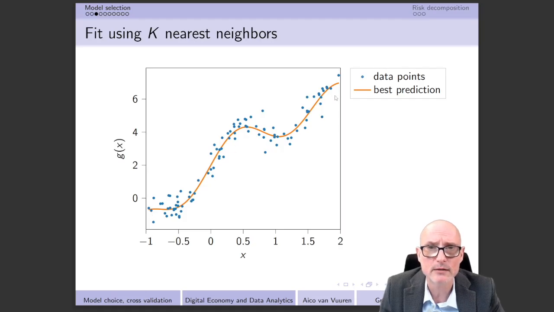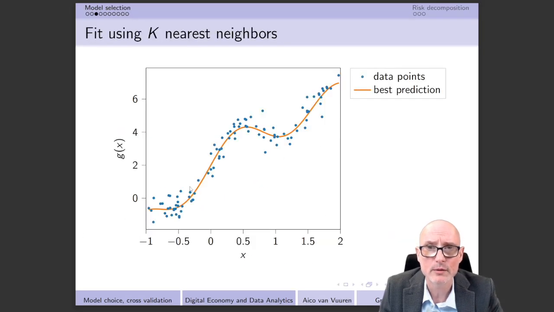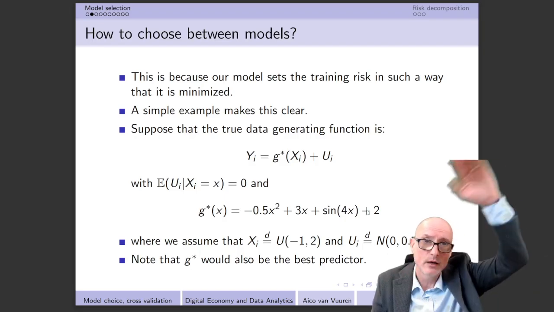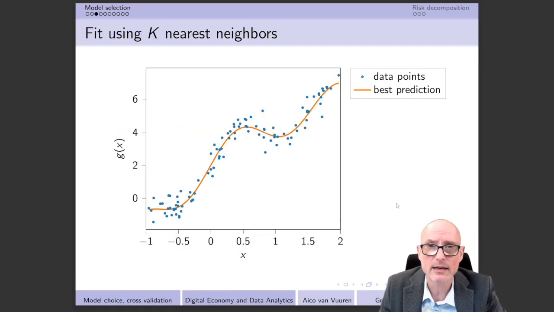In addition, I already made this curve for the best predictor, this orange curve in the picture. It has a very expected shape, because the function we are looking at is a mixture of two things, namely a so-called polynomial, which would just look a little bit like this, and in addition we get these waves from the sine.